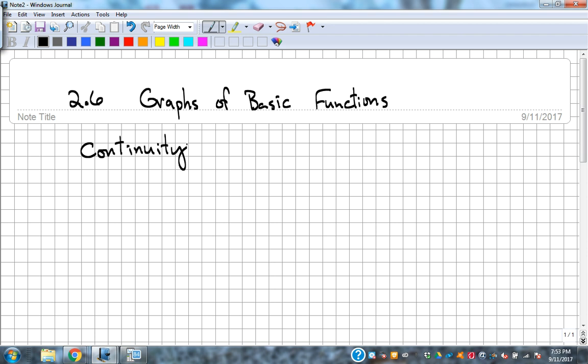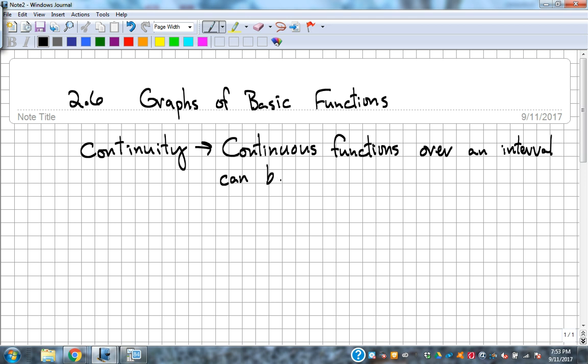So the first thing that we want to clear up here is this thing called continuity. Continuous functions over an interval can be drawn without picking up your pencil.